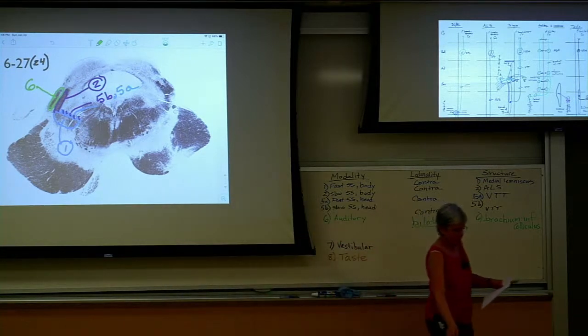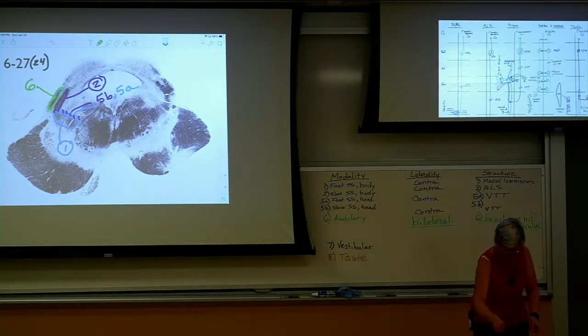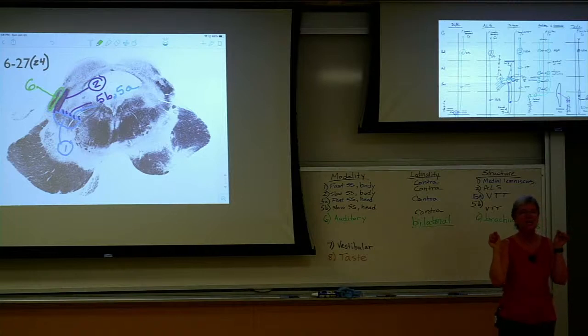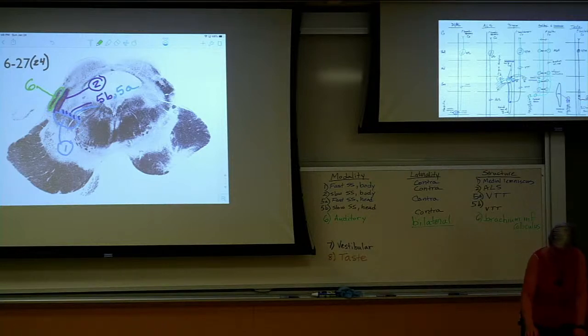So the auditory system is massively bilateral because it has to compare teeny tiny differences of information coming in from the two ears, and the only way to capture those differences is to compare them right away. And you'll learn more about that in auditory function lecture.